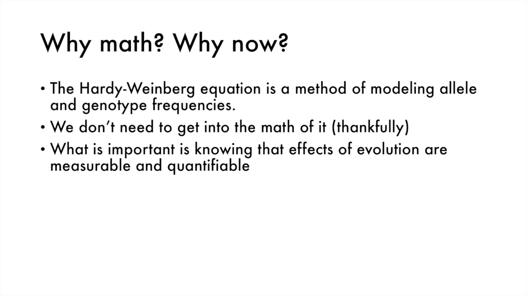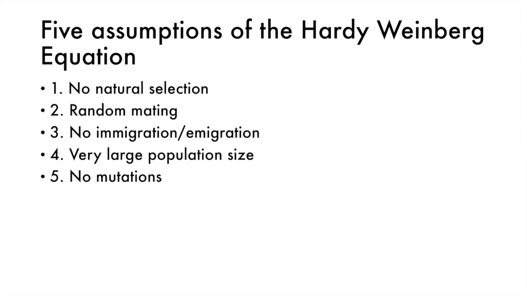And what Hardy and Weinberg came up with in their equations was they realized that if you obeyed these 5 simple rules, then you would not see any change in allele frequencies or in genotype frequencies. So in order to make sure that from one generation to the next, none of those numbers would change, these 5 conditions had to be met.